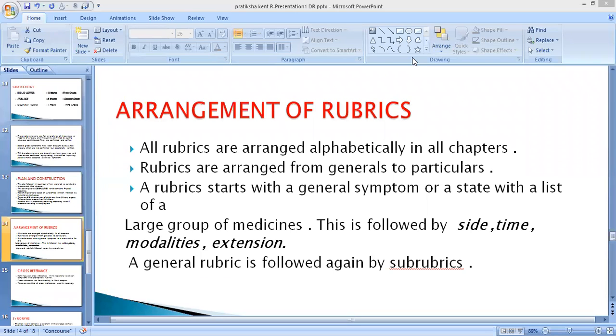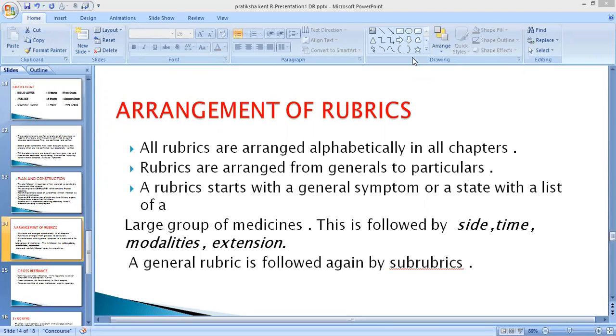Then the third part is the suffix part, in which sides of the body as well as relationship of remedies were given.